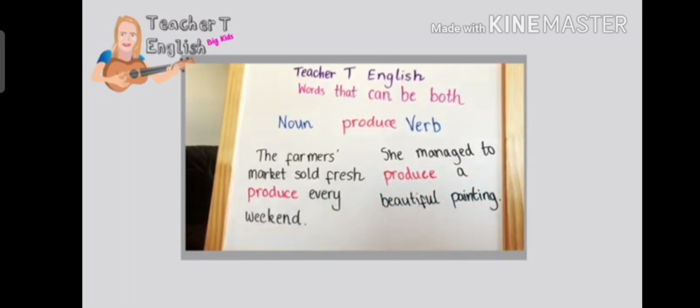Now, what is a noun word? As I told you, it is a naming word. So you have to use the word produce and frame a sentence, and you have to see that this word produce should be considered as a noun, meaning it should be a naming word.